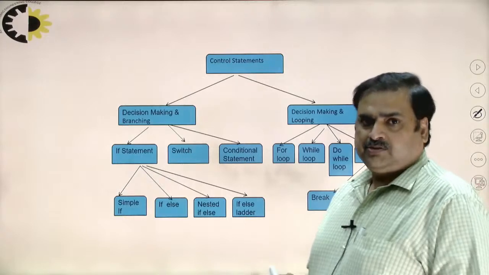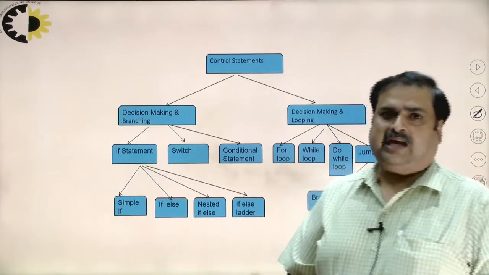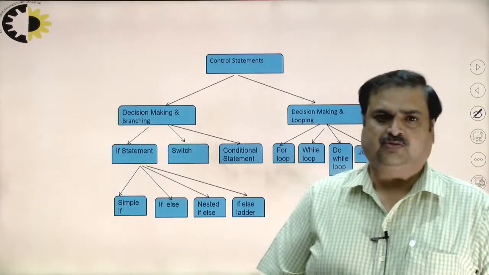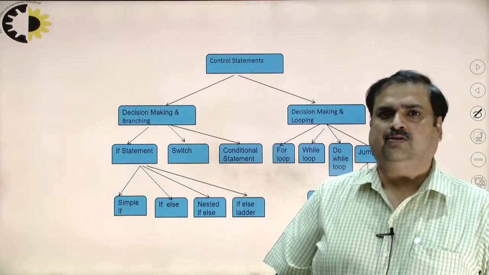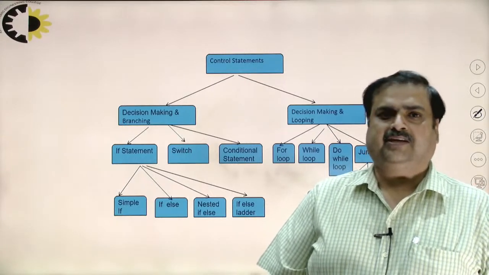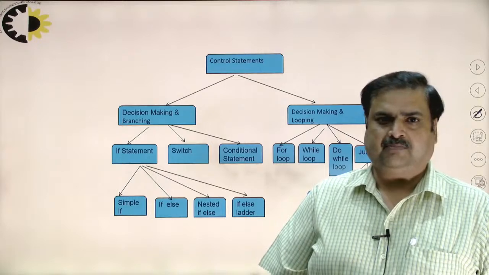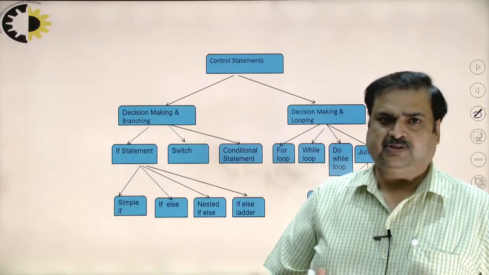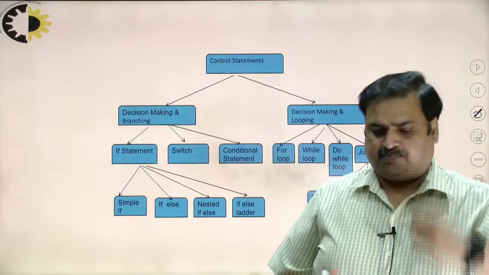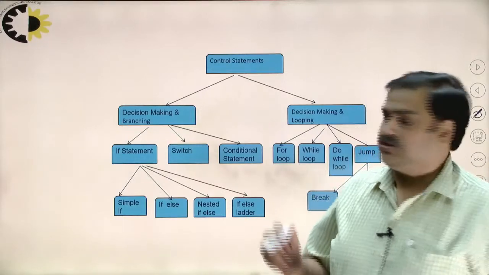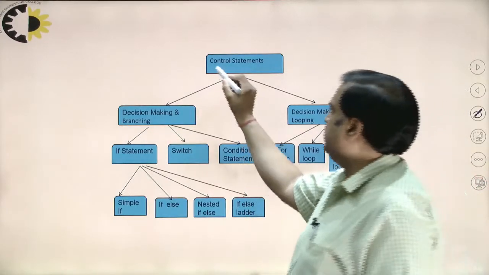This class is basically for students who have already started doing some programming and want to revise loops in C programming language. I am going to start with control statements.